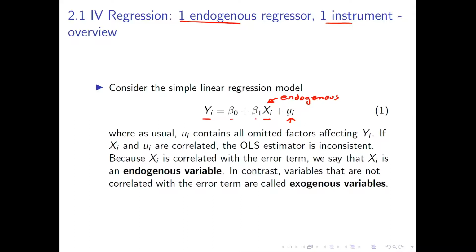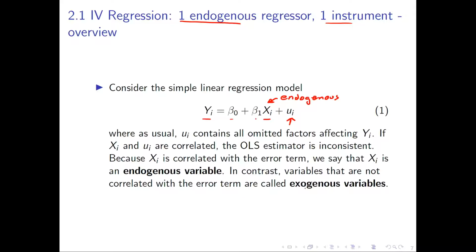So if x and u have a positive correlation, then a positive shock to the error term would probably cause a positive movement in the x variable. And this is why we call x an endogenous variable.